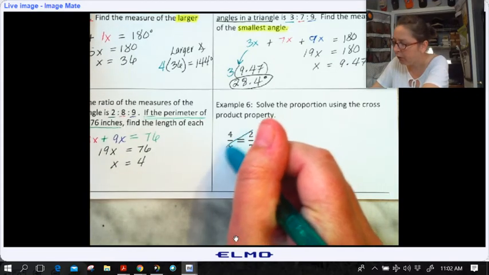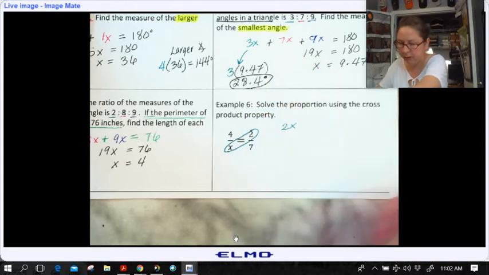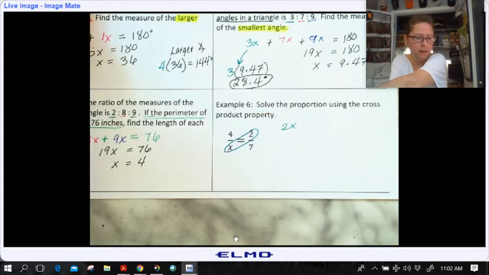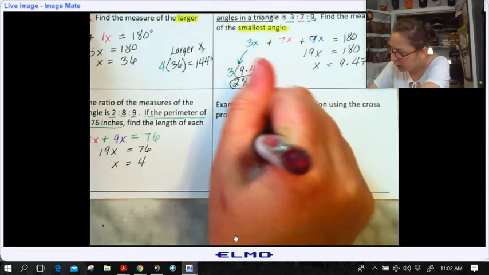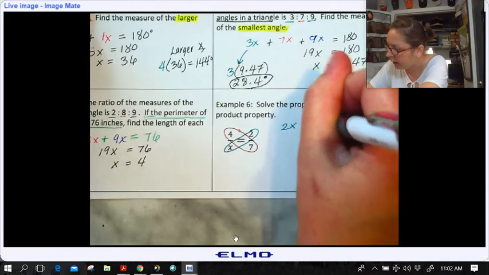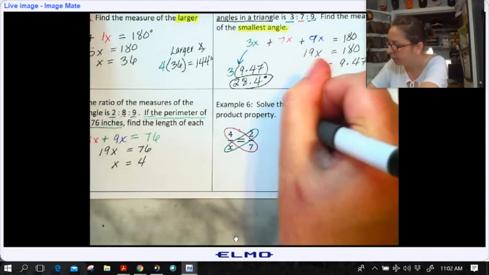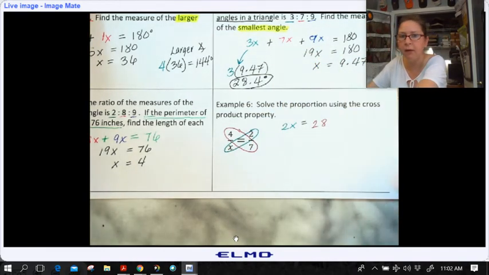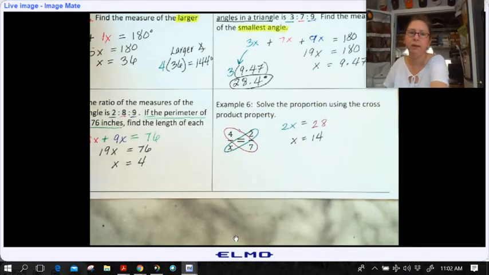So we are going to use the cross product property, 2 times x, and that is going to equal 4 times 7, which is 28. And then I can solve for x. So divide both sides by 2, and we get x equals 14.